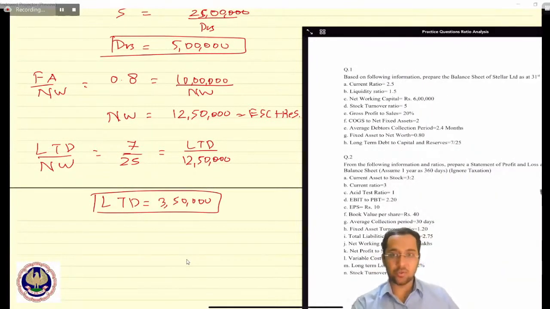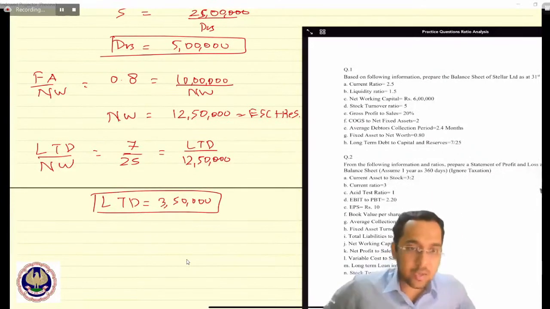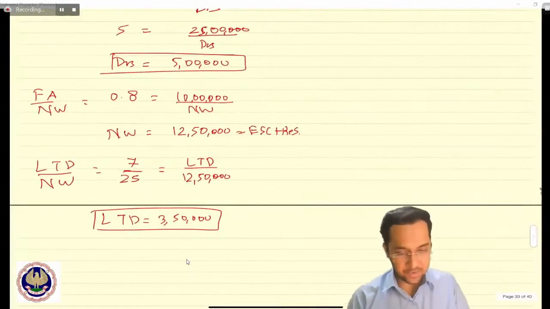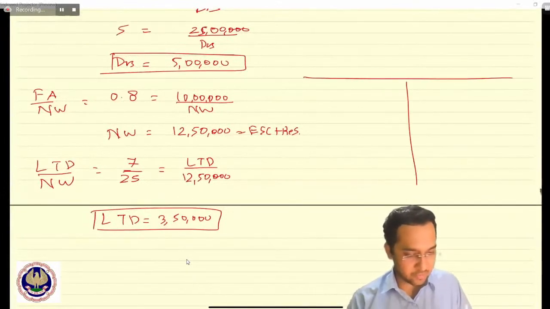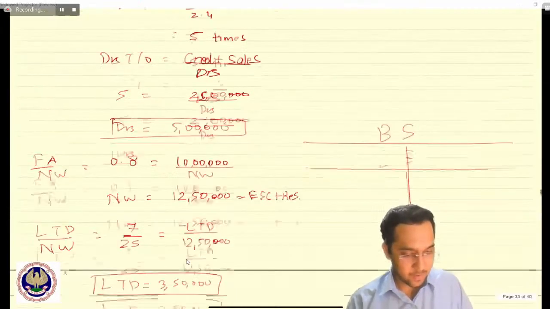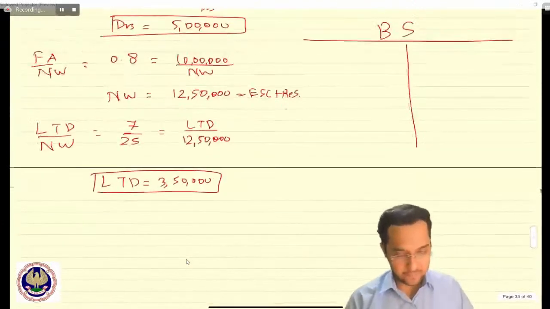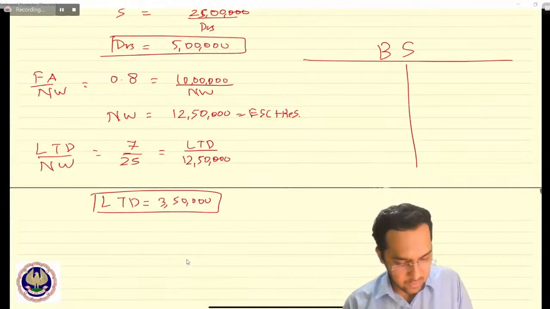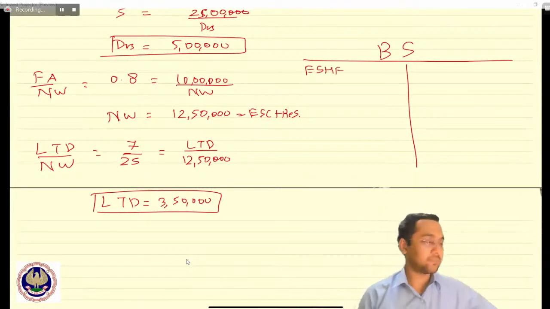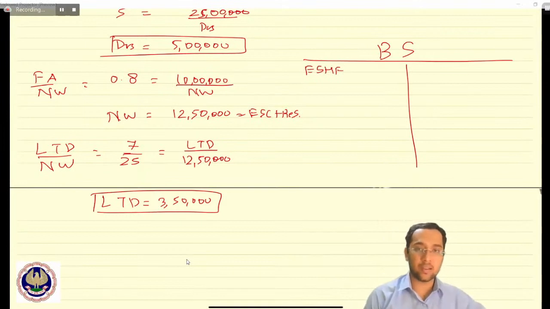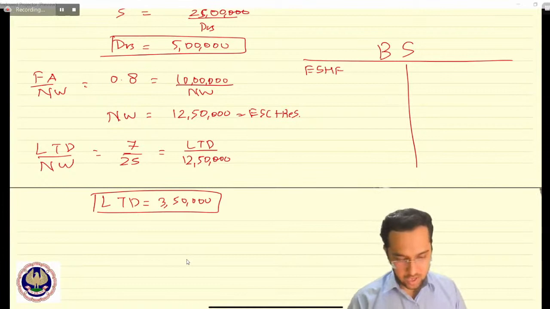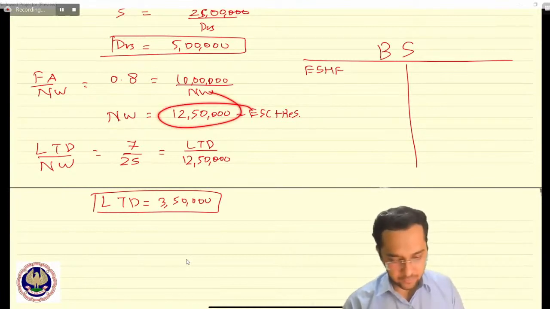Once you have used all the ratios, just try to put it in the balance sheet and see if it's really tallying. In a rough manner, I'm just going to prepare the balance sheet. In the balance sheet, we have the figure as net worth, which is equity share capital and reserves, which I also call equity shareholders funds, which we have already computed to be 12 lakh 50,000.